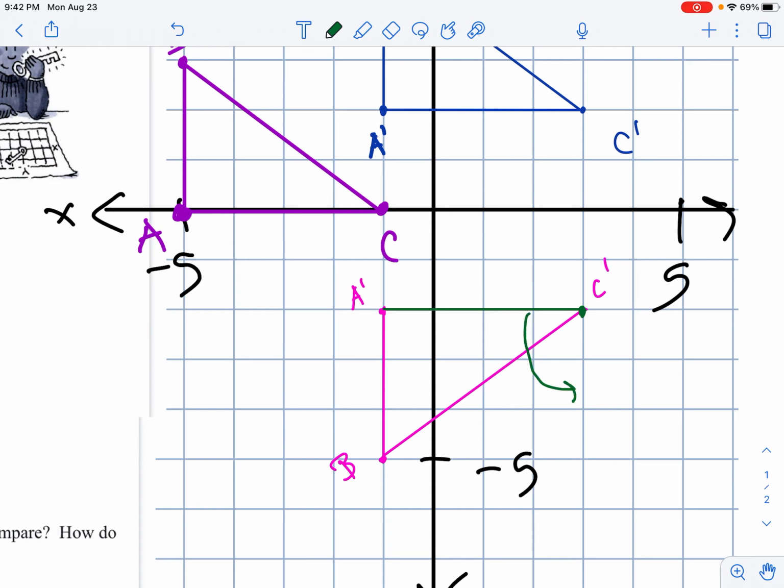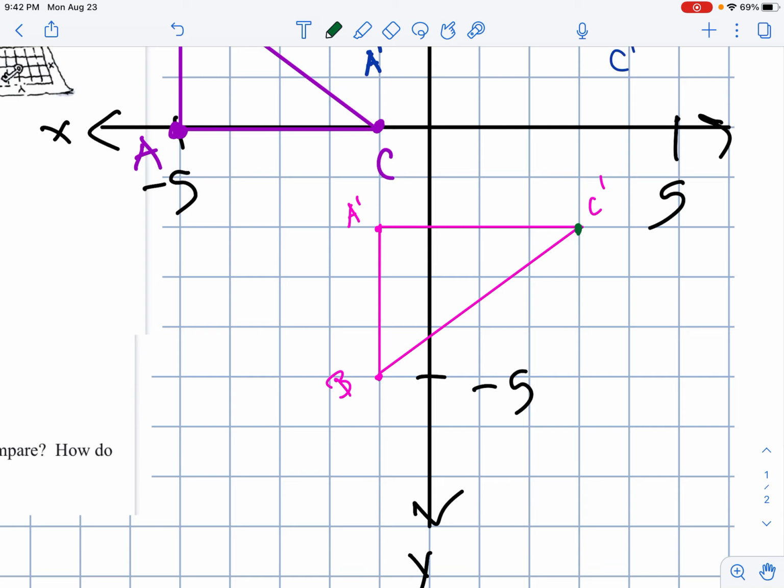Well, it's going to go 90 degrees. You'd make a 90-degree angle right there, and that's where it would be. So how long is this? This will help us: 1, 2, 3, 4 units long. So let's just draw straight down from there a line segment, a side that is 4 units long. There we go.